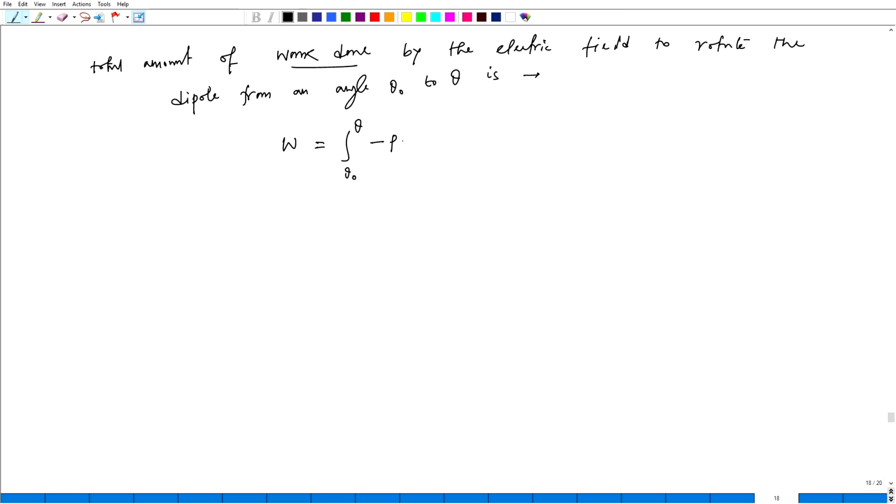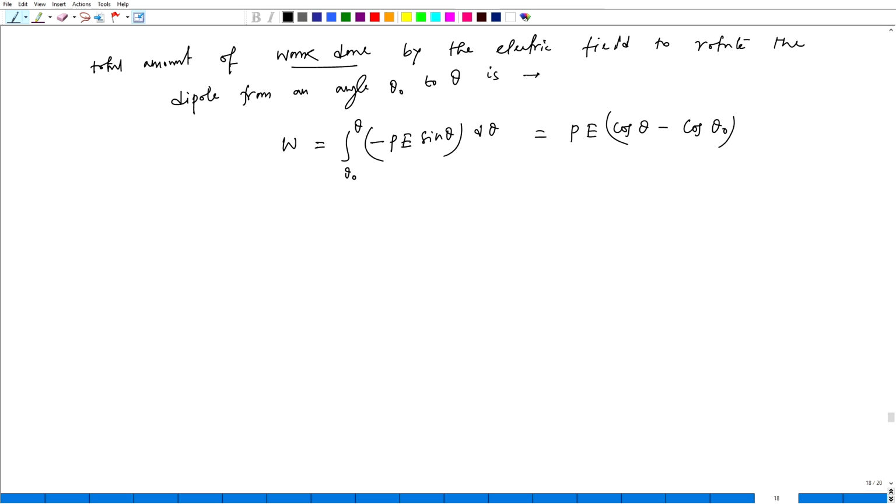W is the integral from theta naught to theta, with the torque being minus p E sin theta, and d theta. What is the work done? This is P E times cos theta minus cos theta naught.